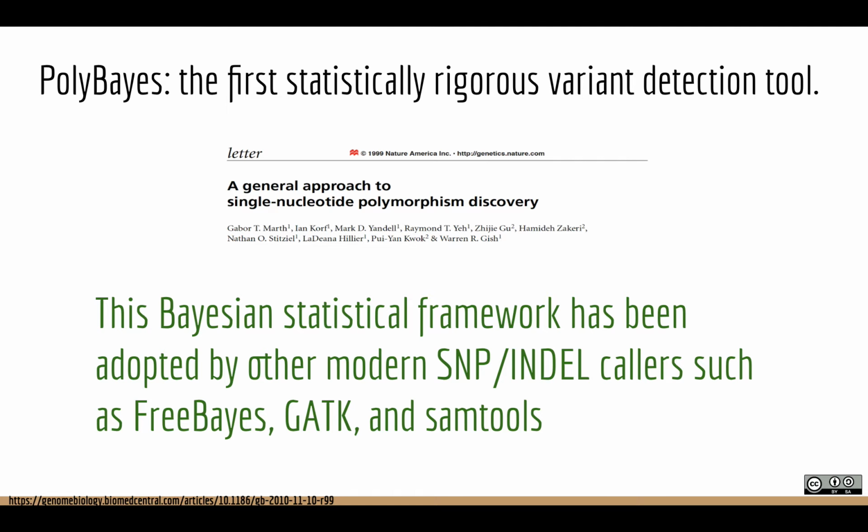This Bayesian statistical framework has been adopted by many other SNP callers: GATK, SAMtools, FreeBayes. I think you can appreciate the Bayes here. The person who wrote it liked it because it sounds like you're saying "free bees" for funny reasons. GATK, SAMtools, and some of the more modern ones like Platypus do the same thing.